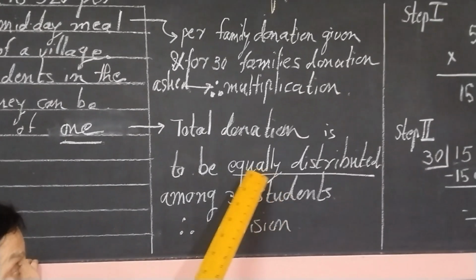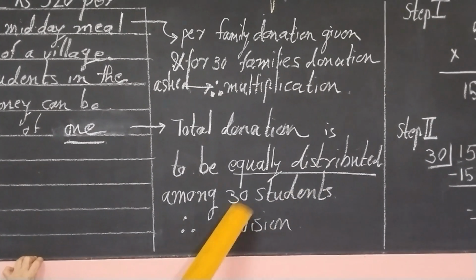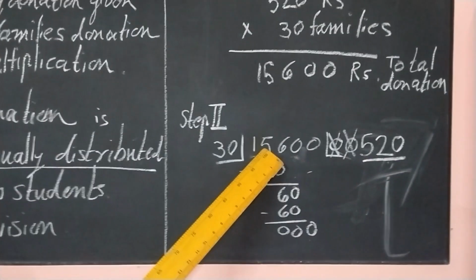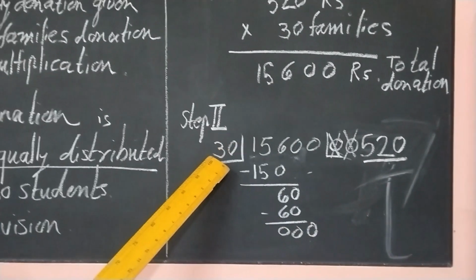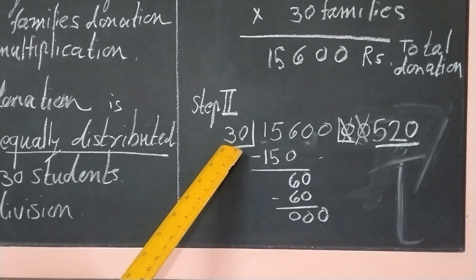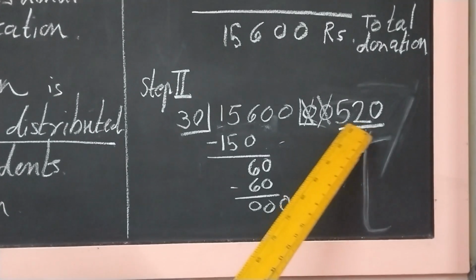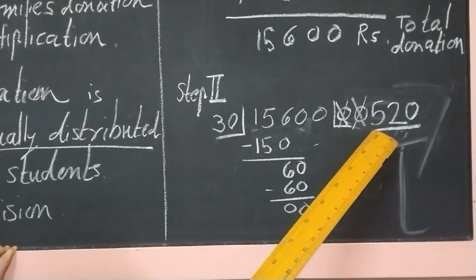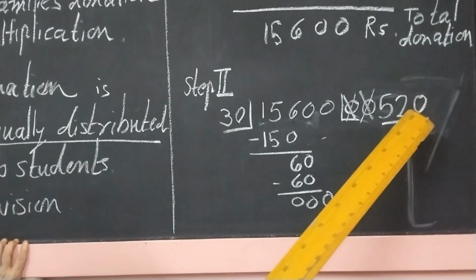When we talk about equal distribution, then it is a case of division. So step 2 is a case of division. Total donation we have taken here right in the center as dividend. 30 students are there which form our divisor, and hence after division we come to this figure 520. So on every student we can spend 520 for his or her midday meal.